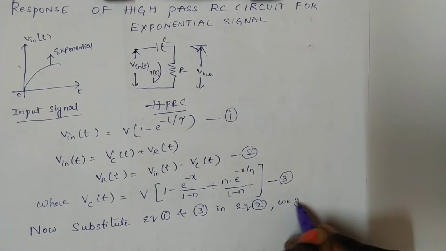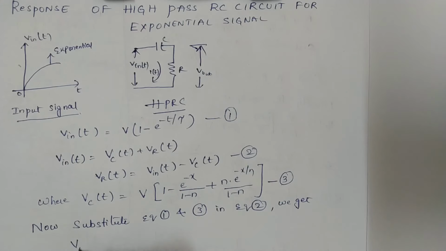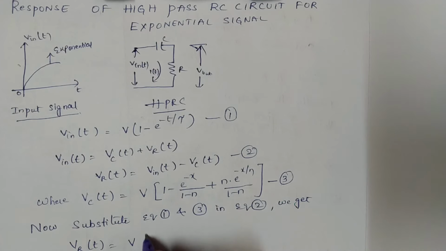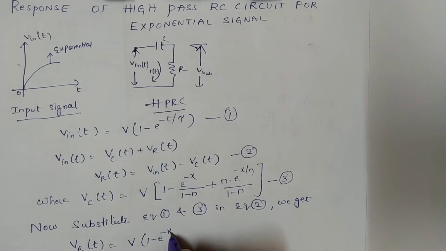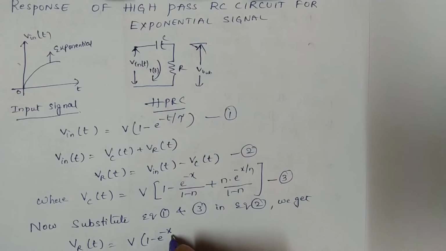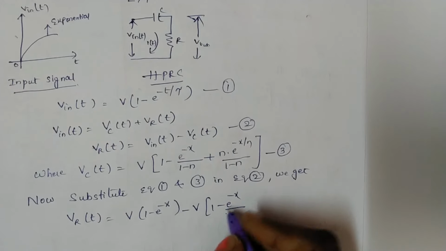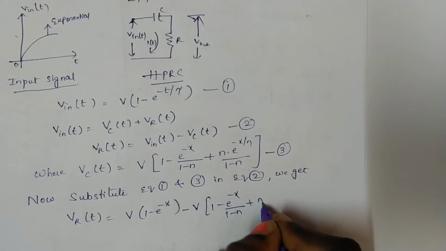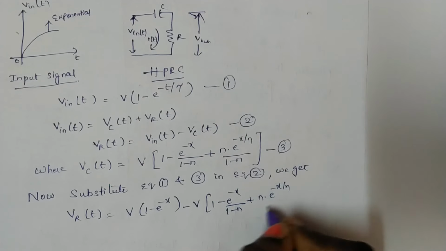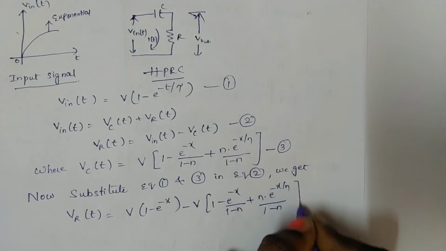We will get Vr of t equal to V into 1 minus e power of minus x, where t by tau equals x, as we derived in the last class, minus V into 1 minus e power of minus x by 1 minus n plus n into e power of minus x by n, into 1 minus n.